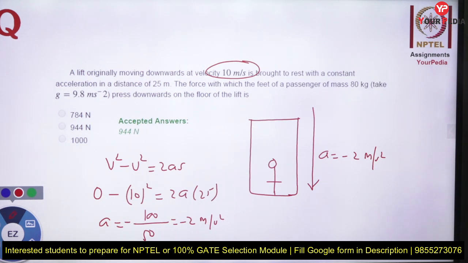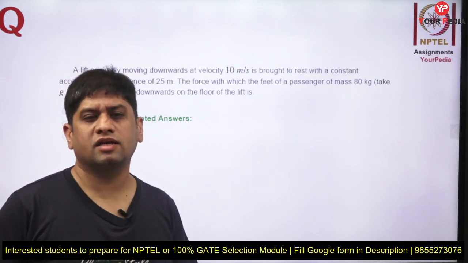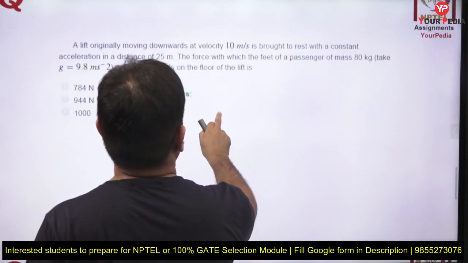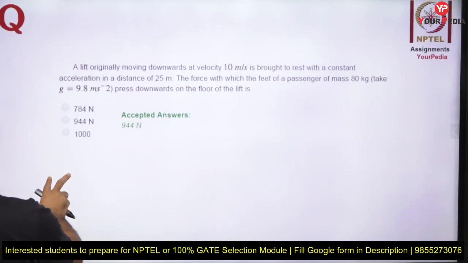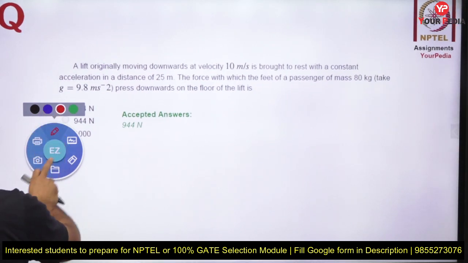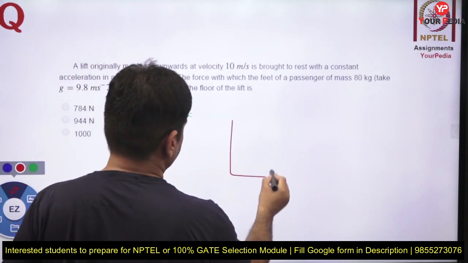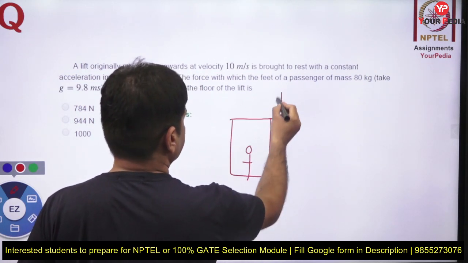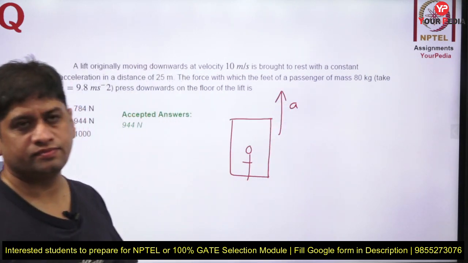Force with which the feet of a passenger of mass 80 kg press downward on the floor of the lift is. So we have already calculated now acceleration as -2, and now let me give you a small concept here. What we have already done about apparent weight. Let me give you this concept of apparent weight. So suppose there is a lift and there is a passenger in the lift. Suppose lift is accelerating upward.